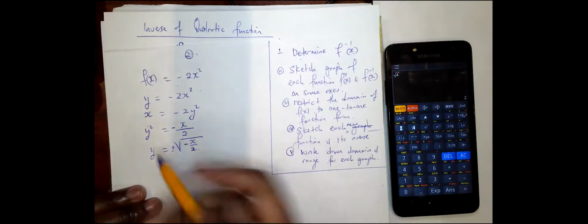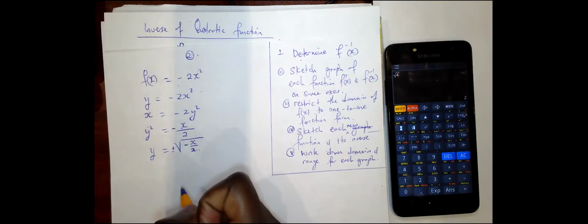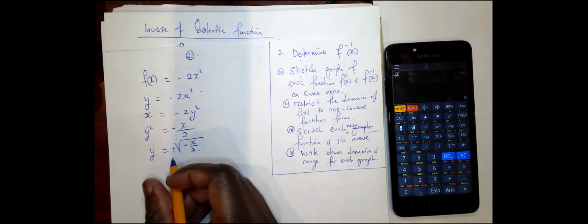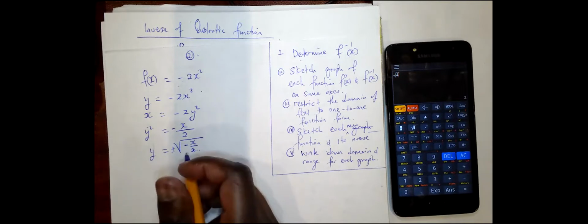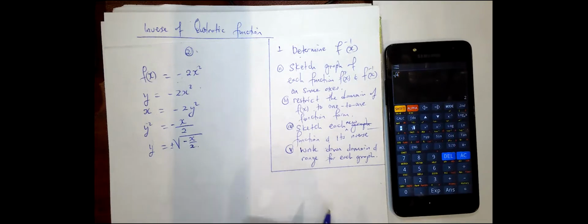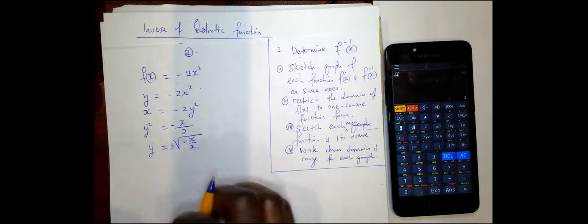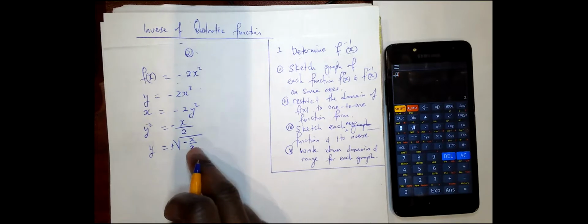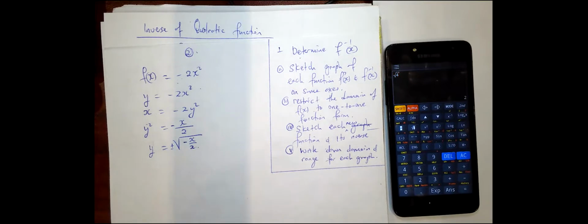Now, some of you are worried: why is it a negative? You said you can't have a negative root. Okay, we can't have a negative root. But in this case, remember, we don't know the x value.